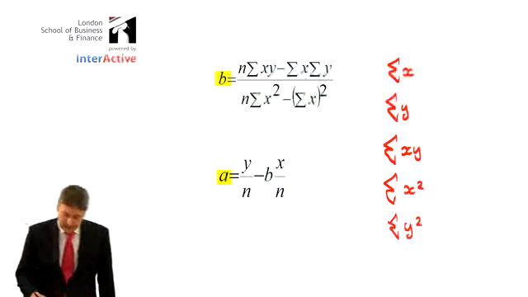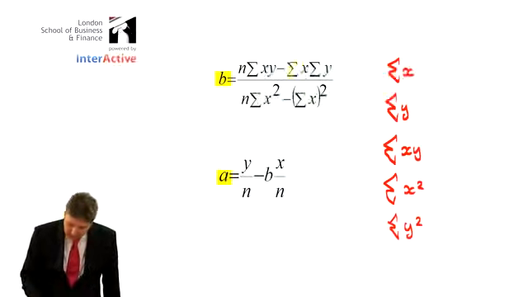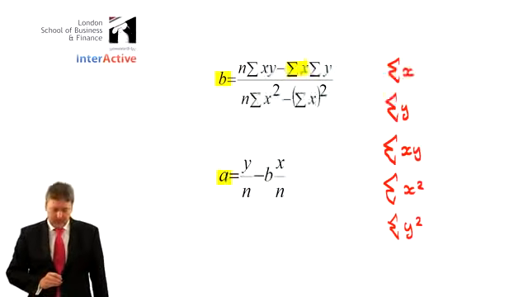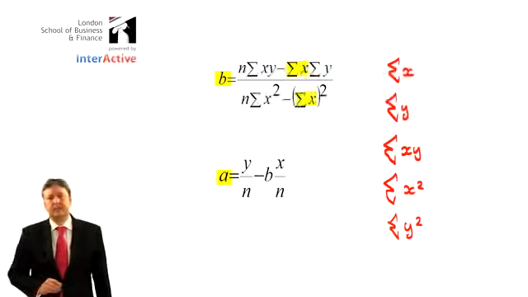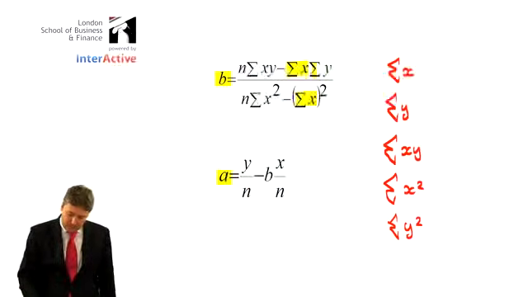Notice the sum of x is already represented here and also here. The sum of y is represented here, the sum of xy here, and the sum of x squared here. So, if we have these values, we're able to quite easily come up with a value for b.